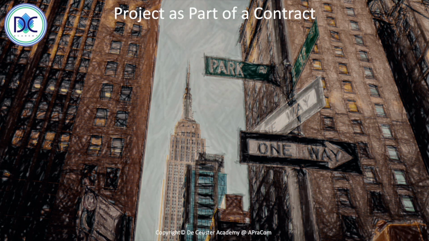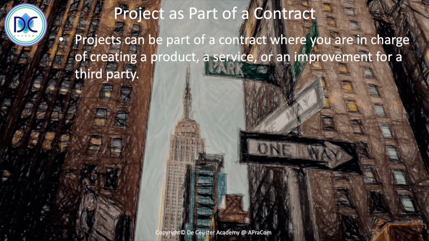So let's start with the project as a part of a contract. Now, you may be in charge of creating a product, a service, or implementing an improvement for a third party. And basically, we are working in a kind of contract mode. We're fulfilling the conditions of a contract.